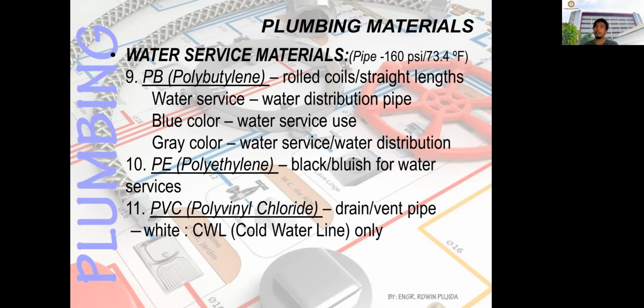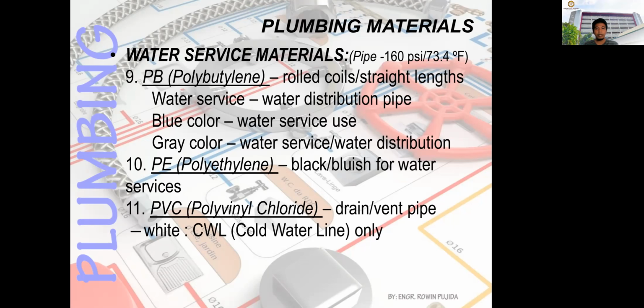I used this in one of my projects in Bulhoon. We used the PE pipes because it is near the sea. So maybe the advantage of that is it rusts later.